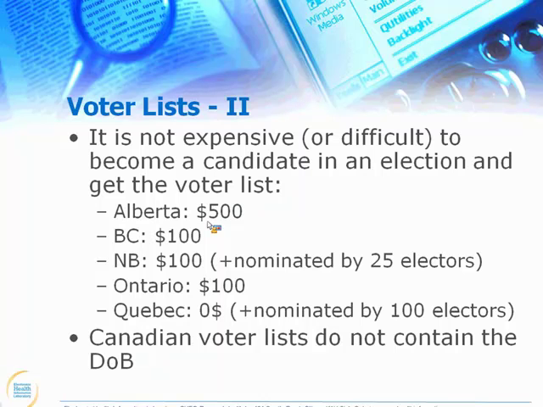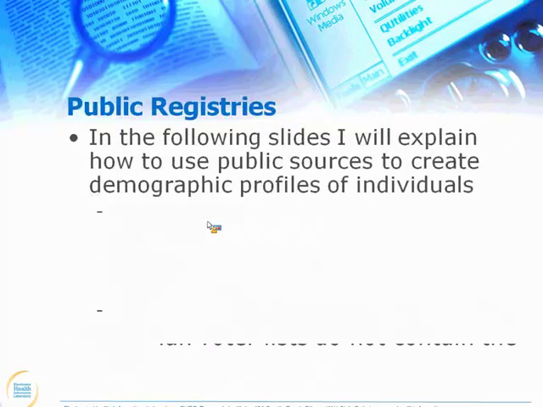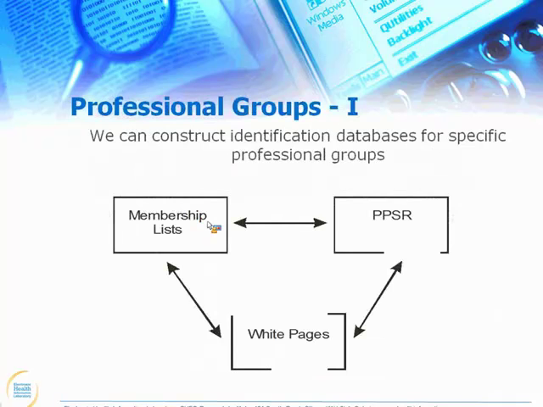So not really a good source of information for these kinds of identification attacks as they may be in the US. However, you can use other public registries in Canada to get the demographics on individuals. And the basic process is as follows. Let's say we want to launch a re-identification attack on physicians. So we'll get a membership list for all physicians.